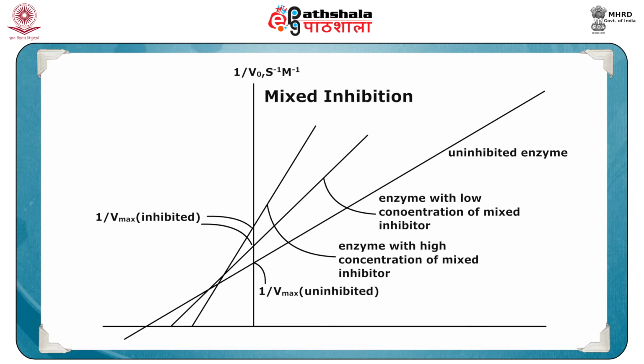A plot of 1 over V0 versus 1 over S in the presence and absence of the mixed inhibitor is illustrated in the graph. An inspection of the graph indicates that the slopes of the lines increase with inhibitor concentration and the lines intersect at a point left of the 1 over V0 axis.